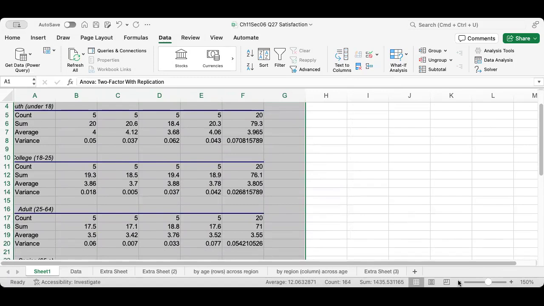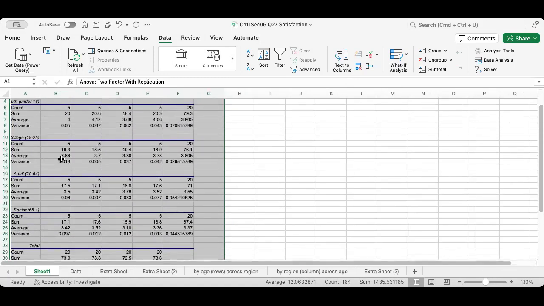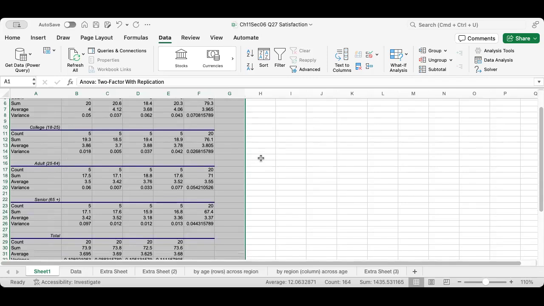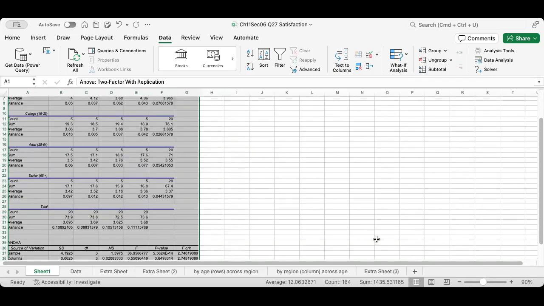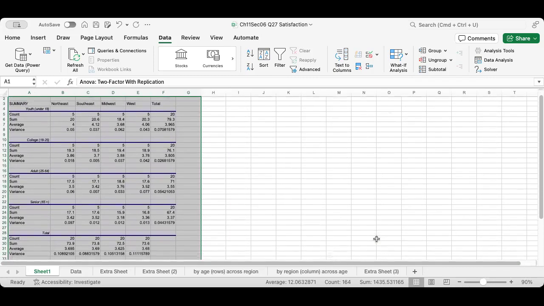Maybe I need to shrink this so we can see more of it at once. All right. That's all the summary information. I've shrunk it down so I can see it better.